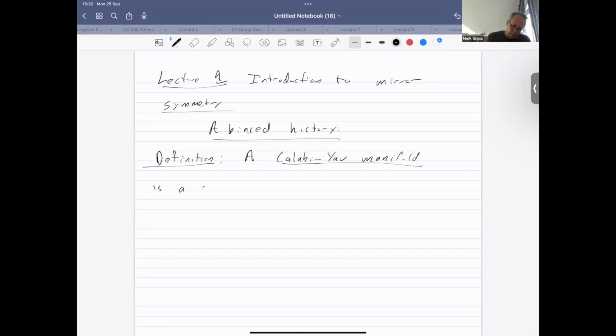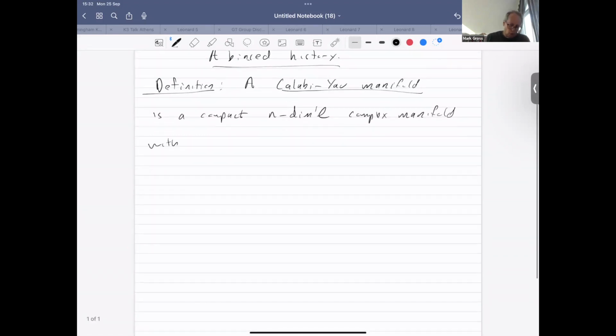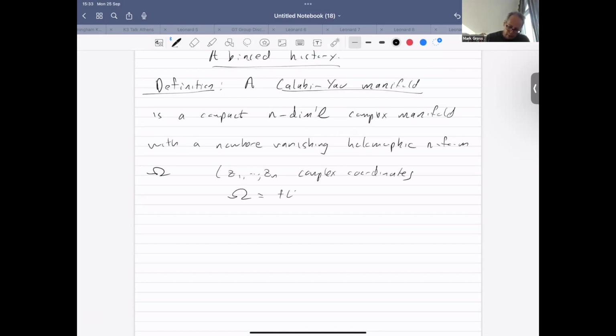So for us, this is a compact n-dimensional complex manifold with a nowhere vanishing holomorphic n-form, Omega. So locally, if you have z1 to zn complex coordinates, you should be able to write omega as some holomorphic function of z1 through zn, which is nowhere vanishing, times dz1 wedge dot dot dot wedge dzn. And so that's nowhere 0.